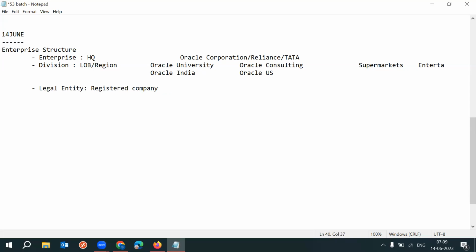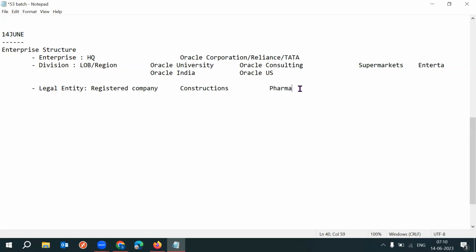Suppose, as an example, you take constructions and pharma. In this case, how many registrations are required? Two. That means two legal entities. Suppose I'm operating in two countries.